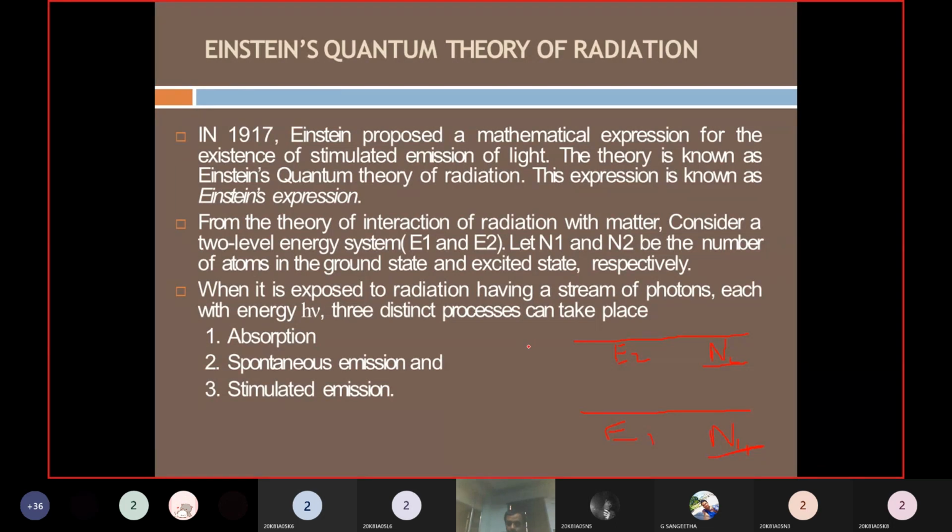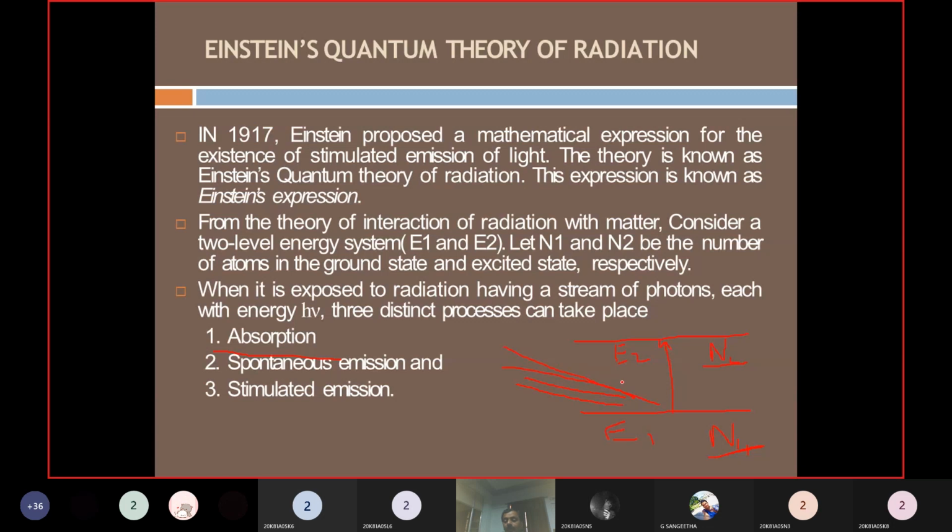The first process is absorption. Absorption means that radiation, that is, a number of photons, is incident on the ground state energy level. Those photons are absorbed by the ground state electrons, and these electrons go to the excited state.